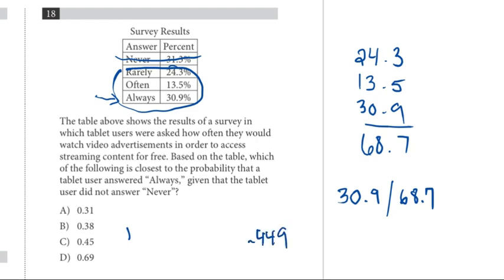Answer choice C. Not a crazy difficult question, but not too easy either. From a level of difficulty from 1 to 10, I would say that is a level 7.